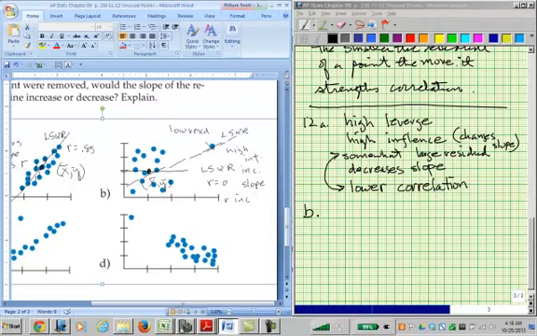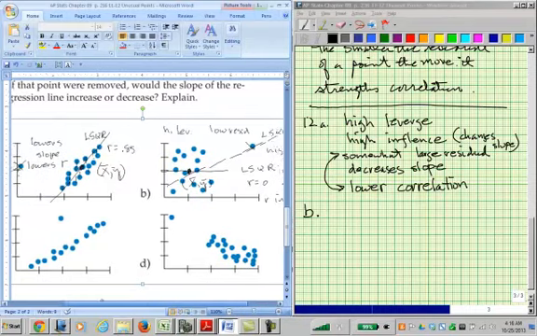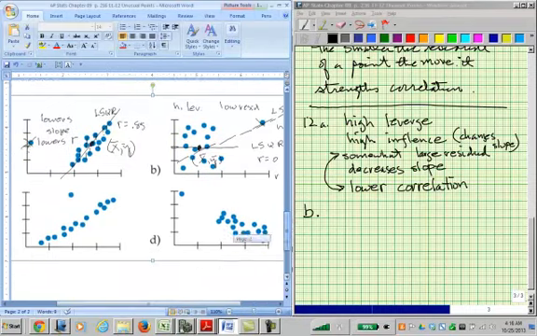Slope goes up, okay, and R goes up. So this point has high leverage, okay, low residual, high influence. It increases the slope, and it increases R. Okay, C.